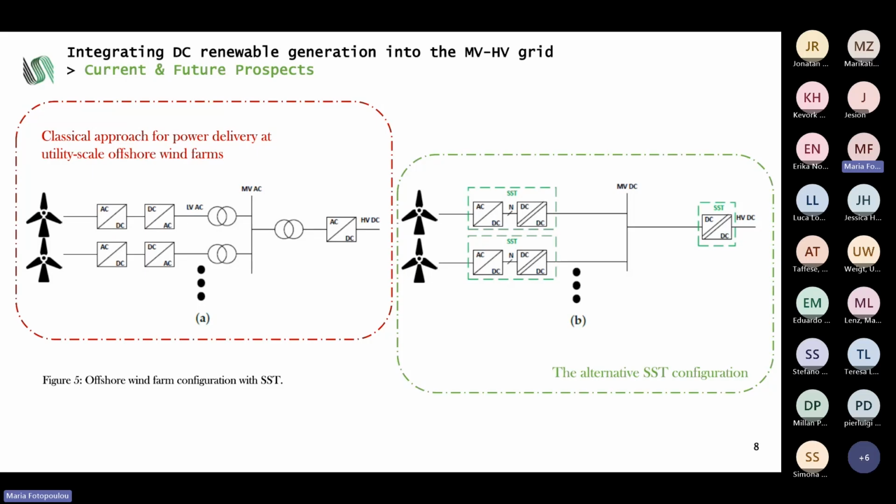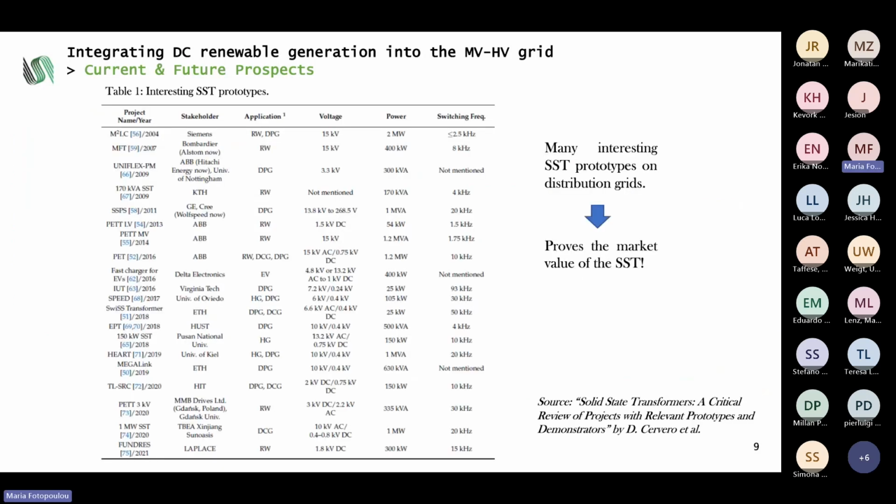But if one adopts the SST solution, this is the alternative SST configuration on the other side of the slide. We have multiple SSTs, so the wind farm production is converted directly into medium voltage DC and then again to high voltage DC. So these were the two main applications.